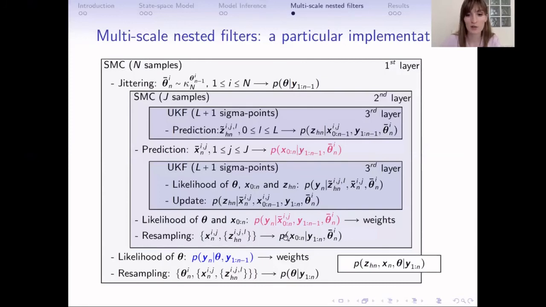And with this, we can compute the weights to do the resampling step in the first layer. And we can compute the posterior PDF of theta with this likelihood of theta and the posterior PDF of theta in the previous time step. And finally, with the three posteriors we have already obtained, we can compute the joint posterior of the fast states, the slow states, and the parameters.